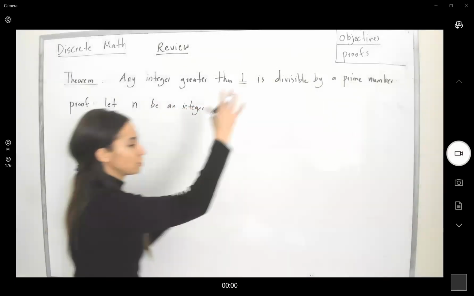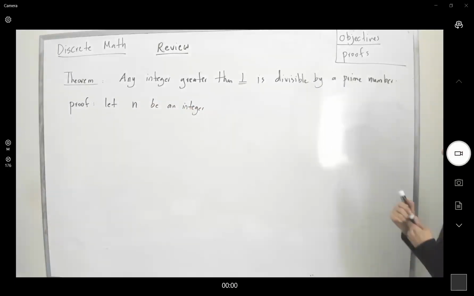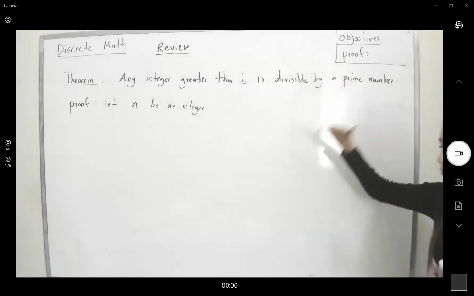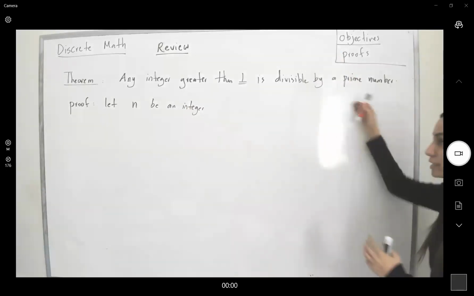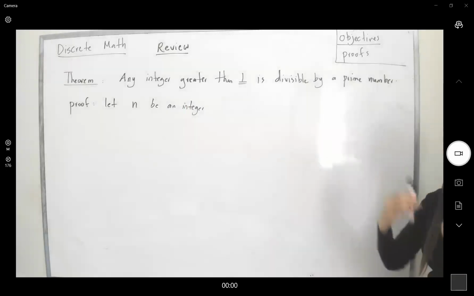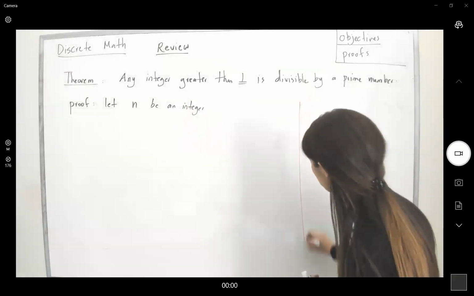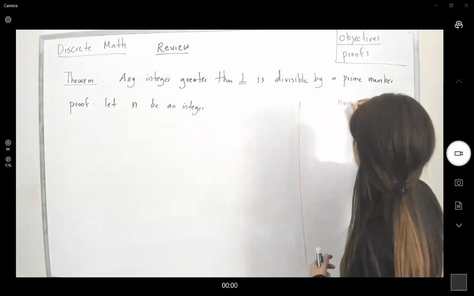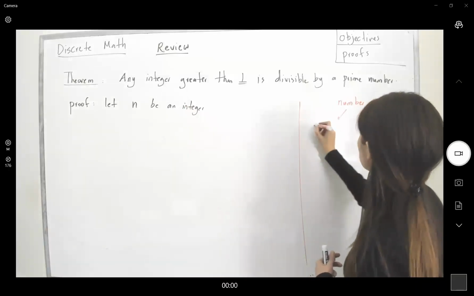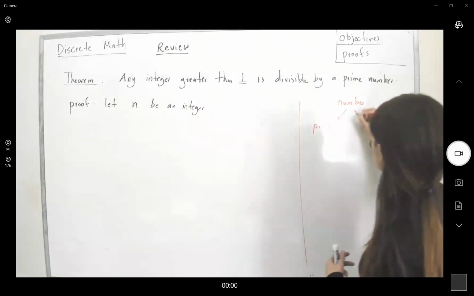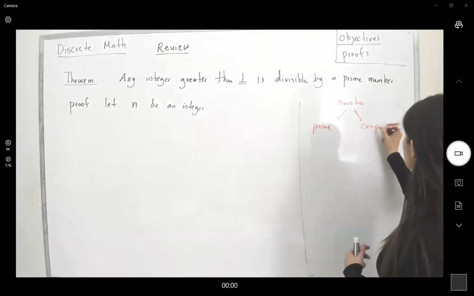So I'm just going to write down the way that we think about proving this theorem on the right-hand side so you know how to break down the numbers. When you select a number, any number, this number can be prime or it can be a composite.